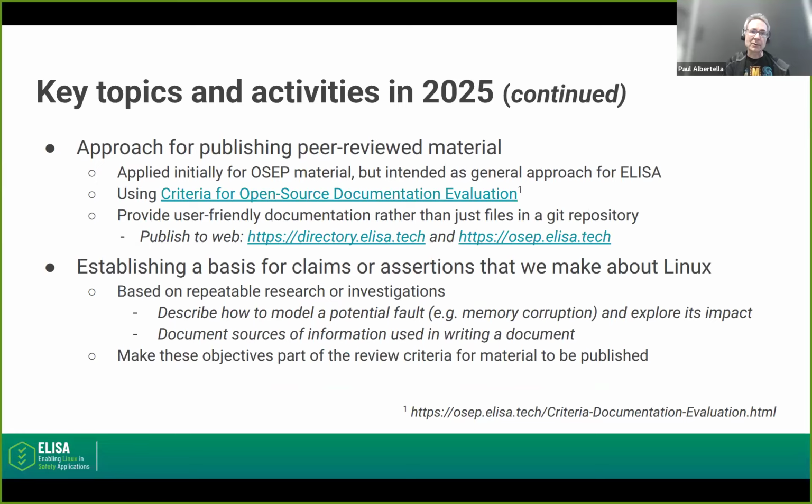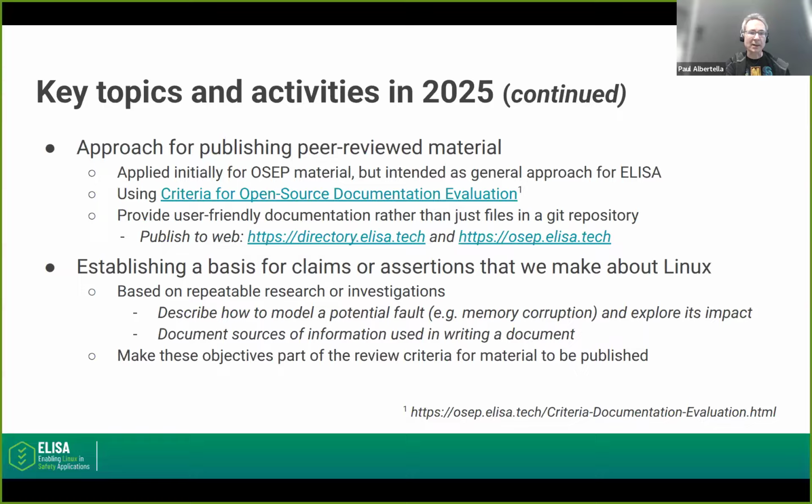Another big focus for us has been trying to publish peer-reviewed material, to make resources available that people can have some confidence in. They can see the processes that we've gone through in creating them. They can see that they have actually been reviewed, that we've had a process of thinking about them and questioning them, so that you can treat them as a good basis for using in your own work.